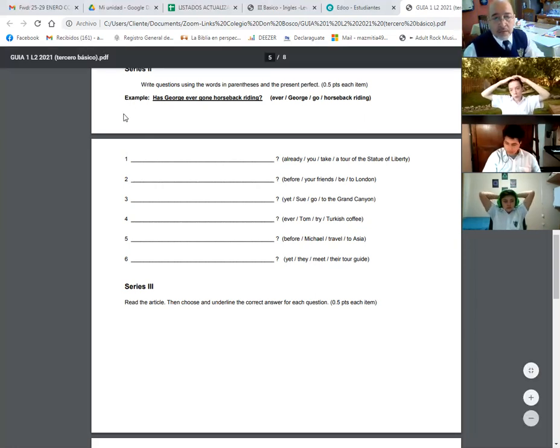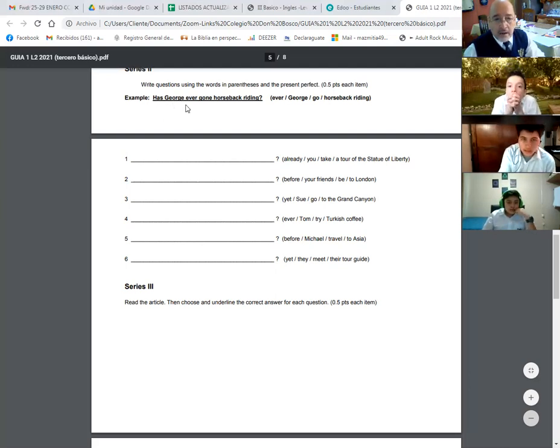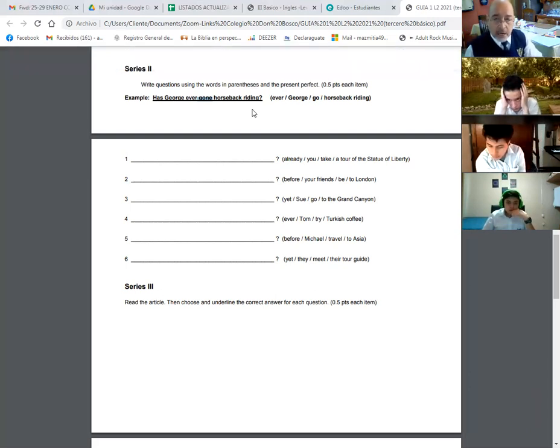Okay, first, because it's a question, we're going to write has, then George ever gone, using the verb go in past participle, which is gone, okay? Has George ever gone horseback riding? And you can answer. We're going to see that later on, okay? Answer, yes, George has gone, or George hasn't, okay?